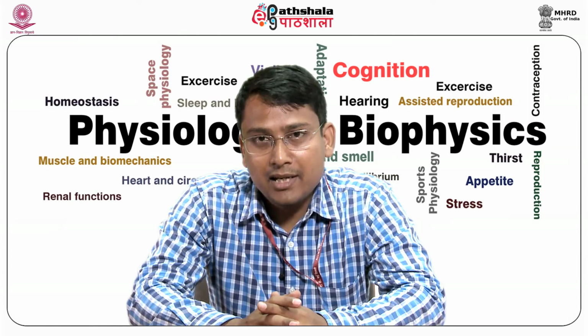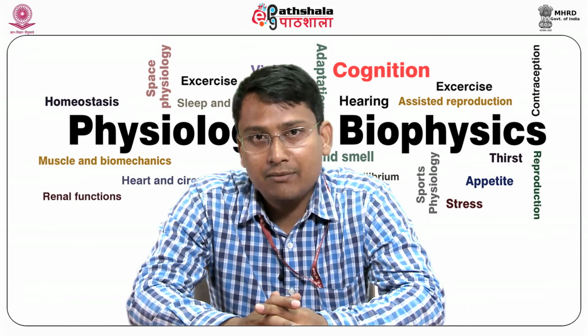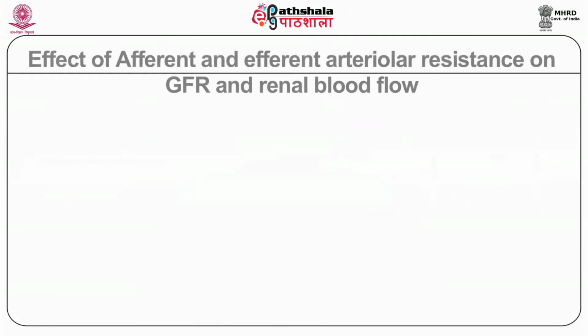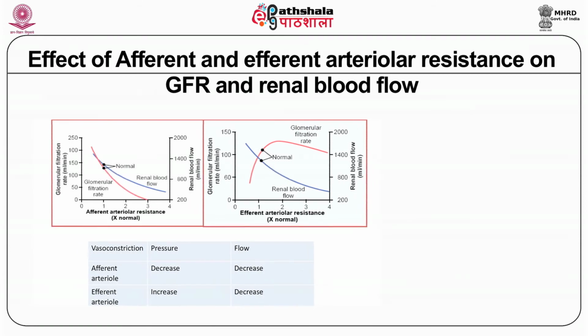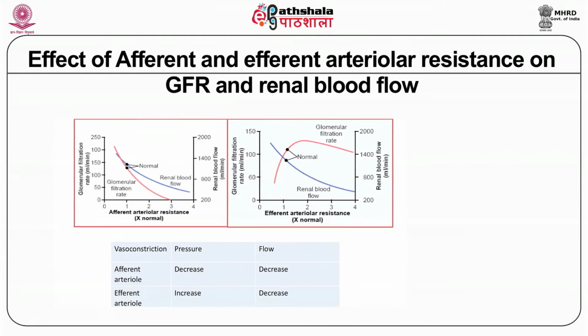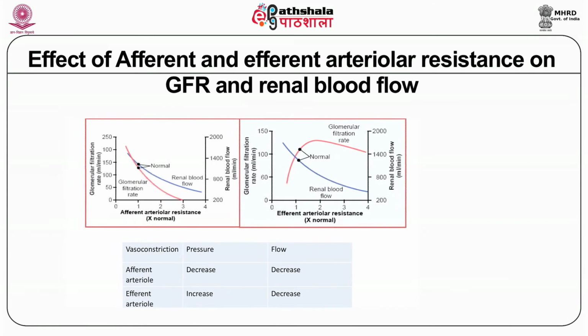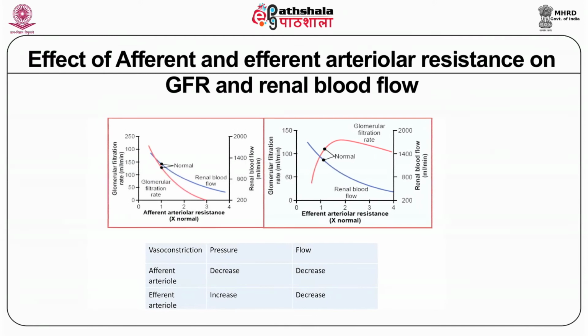That is, increasing and decreasing the resistance of the afferent and efferent arterioles, and seeing what it causes is shown in figure 6 and figure 7, which show the effect of increasing afferent arteriolar resistance and efferent arteriolar resistance respectively, and the effect on renal blood flow and GFR.